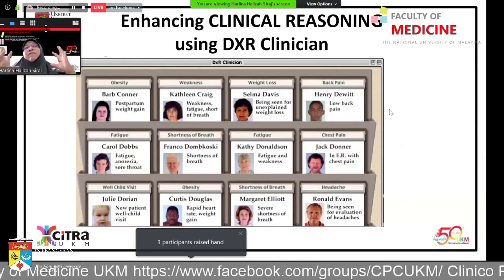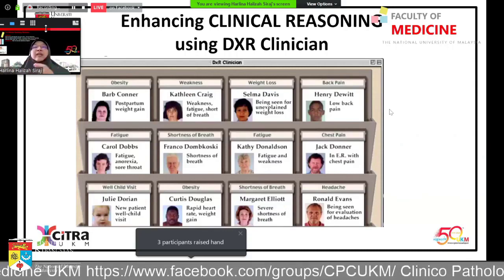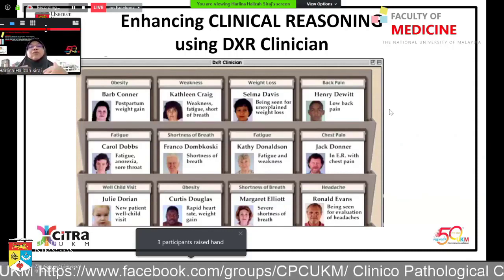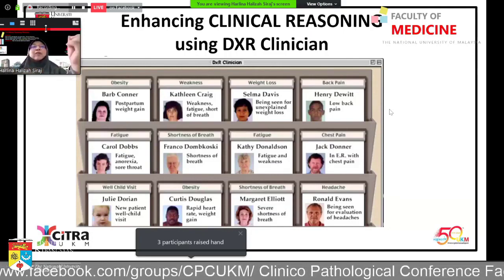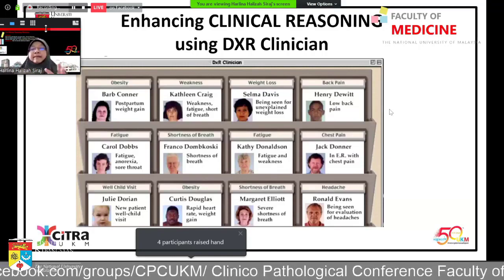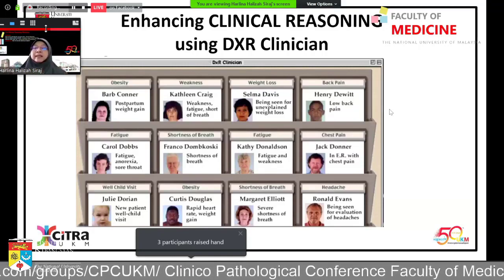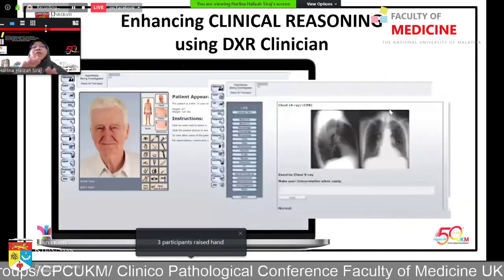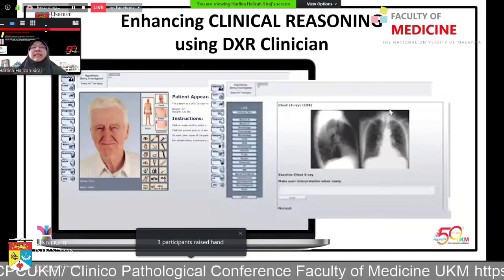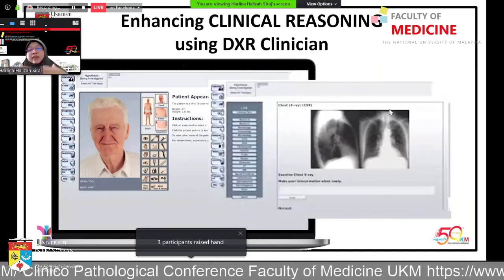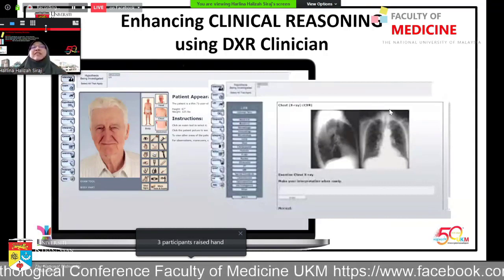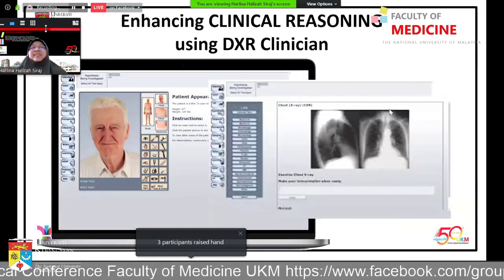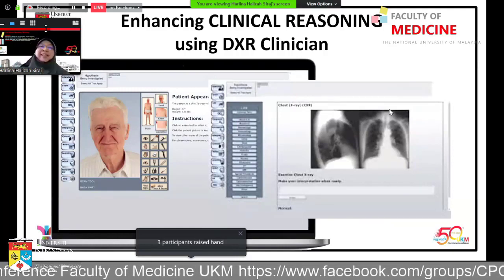You might not have to have all of their menu, but the license can be given to you to have other input, and you can change the patient character and data. And of course, they try to simulate as best as possible the process of going through the questions, and there will always be an answer to all the questions. And if you don't ask enough questions, they will not allow you to go to the next stage.